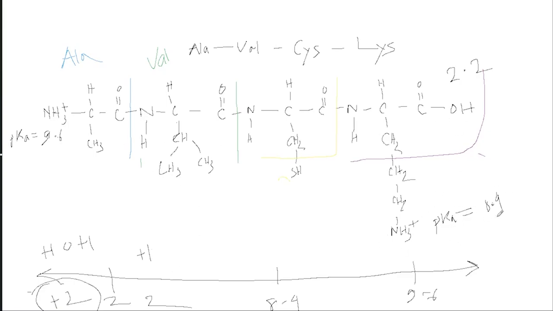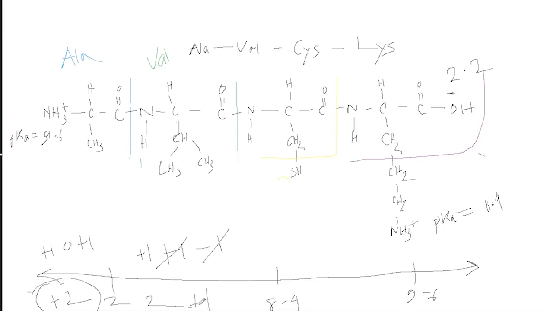This group, which has a pKa of 8.4, will have a plus 1. But this group, which has a pKa of 2.2, at a pH above 2.2, will be deprotonated. So it will be COO minus, not a COOH. So it will be a minus 1. So minus 1 will counteract the plus 1, and the plus 1 will remain. So it will be plus 1.